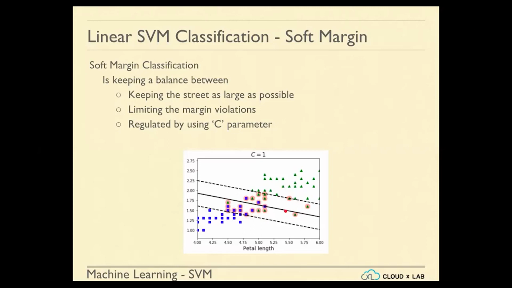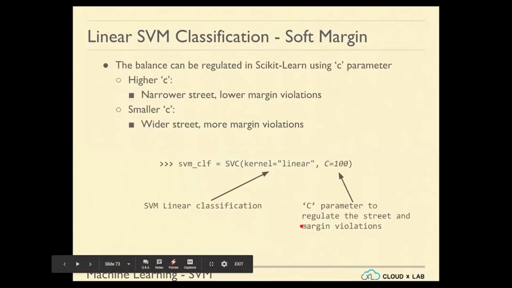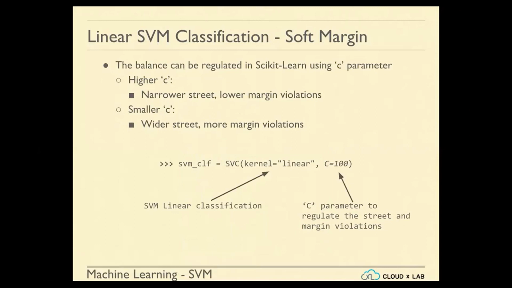What we are basically trying to do is keep the error function such that we keep the street as wide as possible, limit the margin violations, and do a balancing act with the regularization parameter called C. The balance can be regulated in scikit-learn using the C parameter.